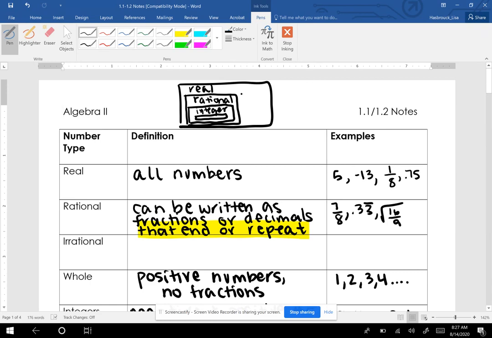Okay. Last, we're going to go over irrational. They have their own special box in here under real. Okay. And irrational numbers are decimals that don't end or repeat. And they can't be written as fractions.